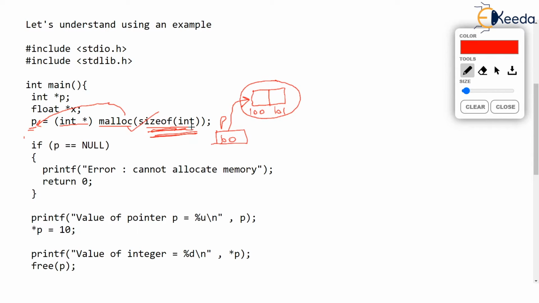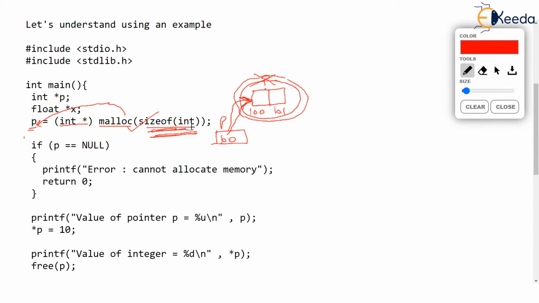But the big thing is there is no name to this variable. Generally, if we declare variables, we name them. But here we have created a variable of type int, a place where we can store an integer, but it does not have a name. But we have a pointer. We have a pointer called p which points to that variable.